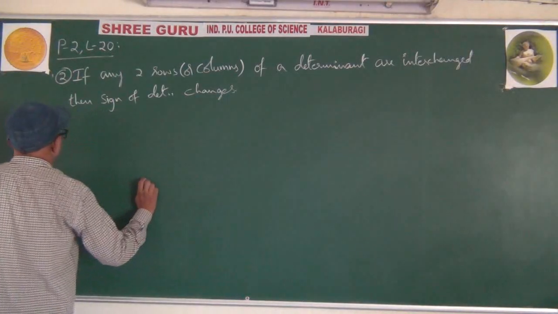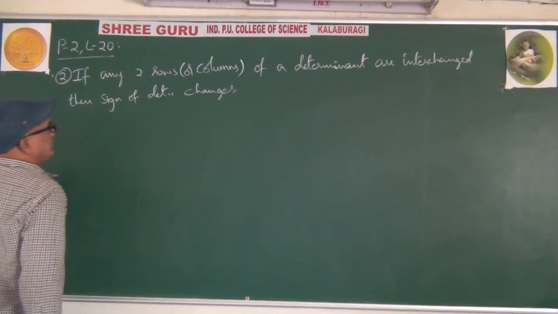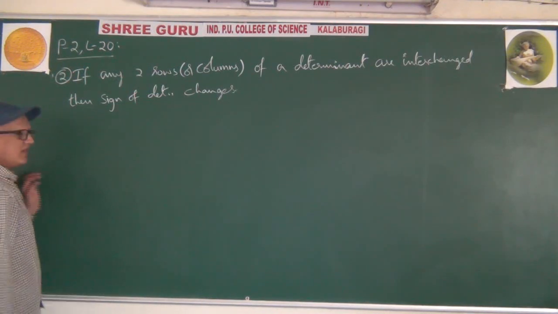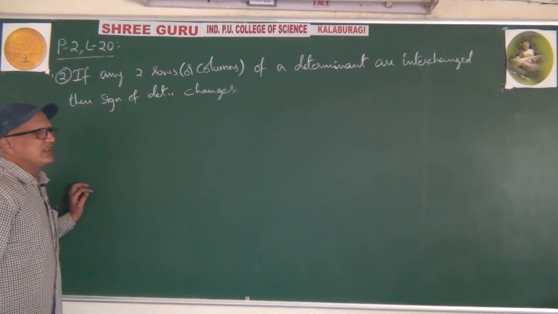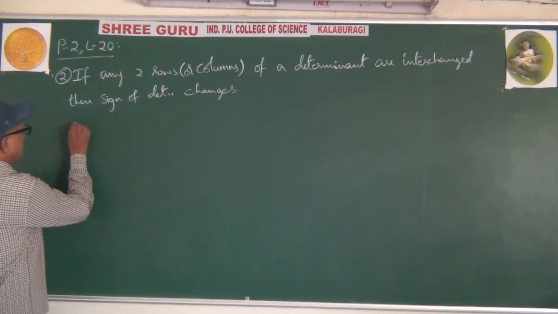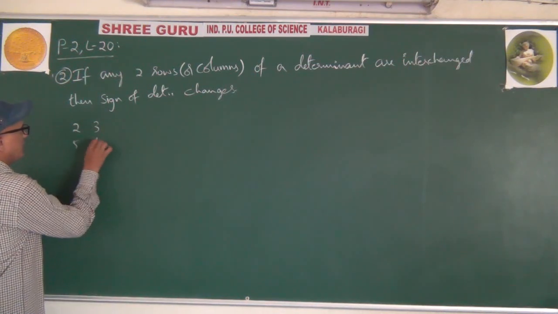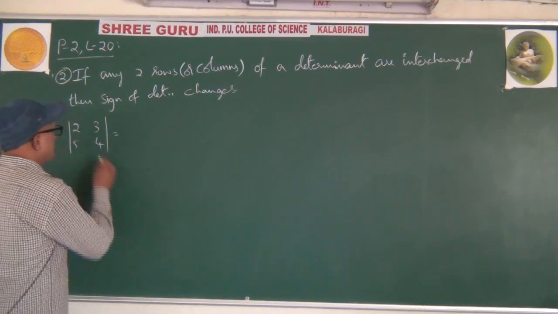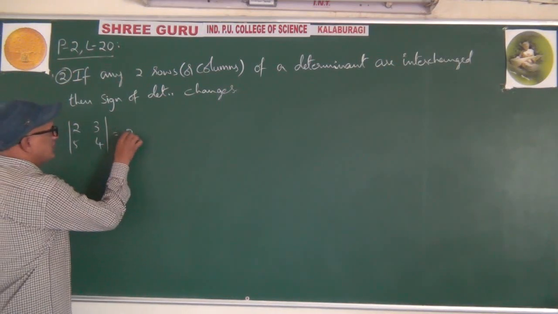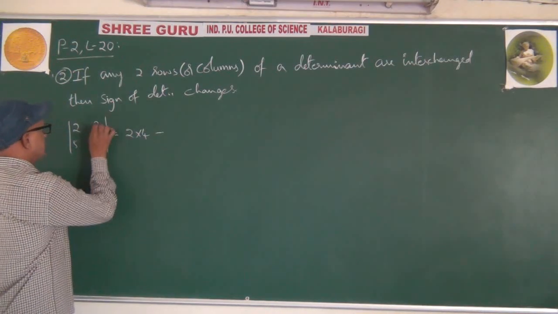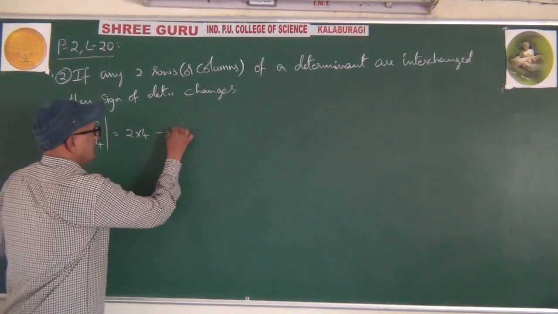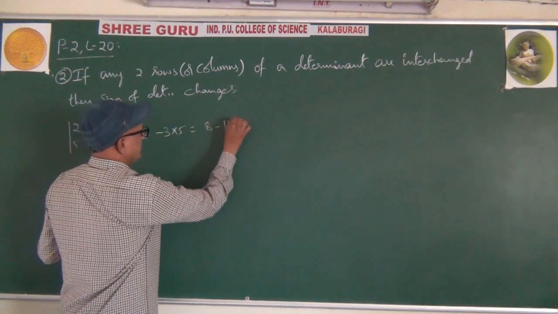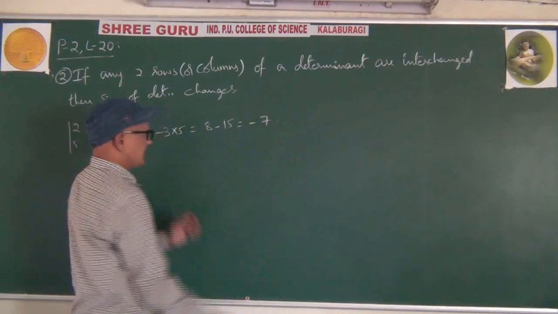I will explain by taking one example. Better I will explain by taking a 2 by 2 matrix. It is very easy to understand. 2, 3, 5, 4. Okay. So how to expand this one? 2 into 4 minus 3 into 5. 8 minus 15. Answer minus 7.